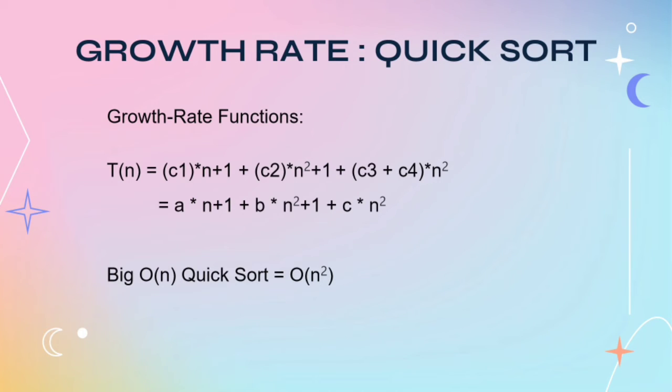So the growth rate function can be calculated as T(n) equals cost1 times (n plus 1) plus cost2 times (n squared plus 1) plus cost3 plus cost4 times n squared, equal to E times (n plus 1) plus B times (n squared plus 1) plus C times n squared. So the big O for the quicksort is O(n squared).